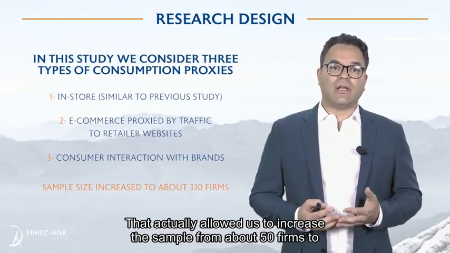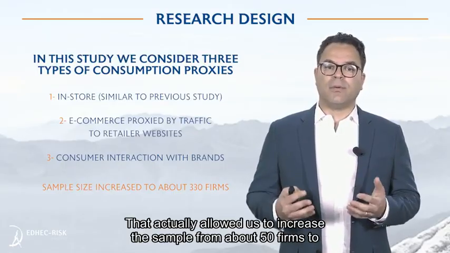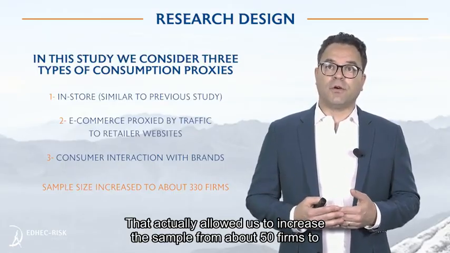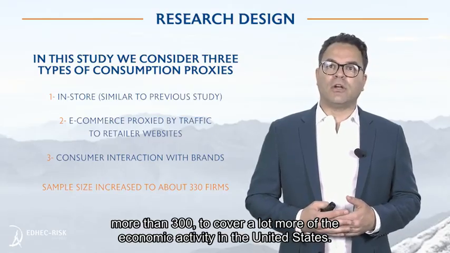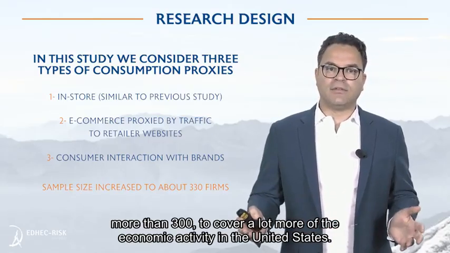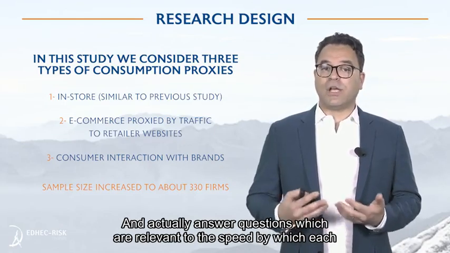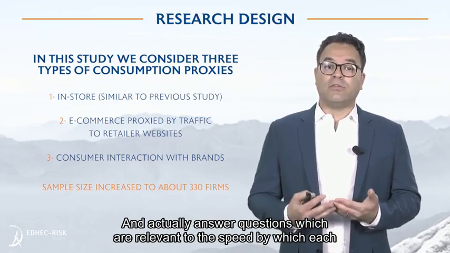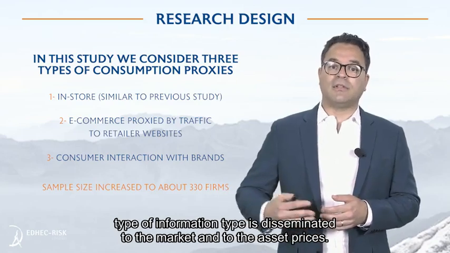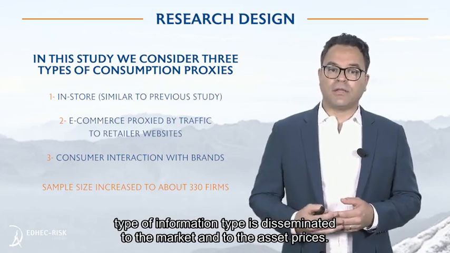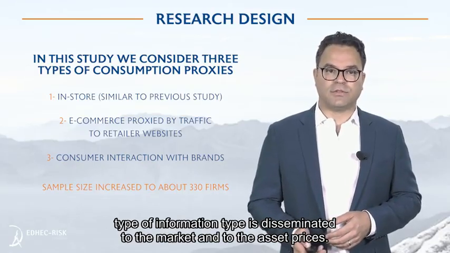That actually allowed us to increase the sample from about 50 firms to more than 300, to cover a lot more of the economic activity in the United States, and actually answer questions which are relevant to the speed by which each type of information is disseminated to the market and to the asset prices.